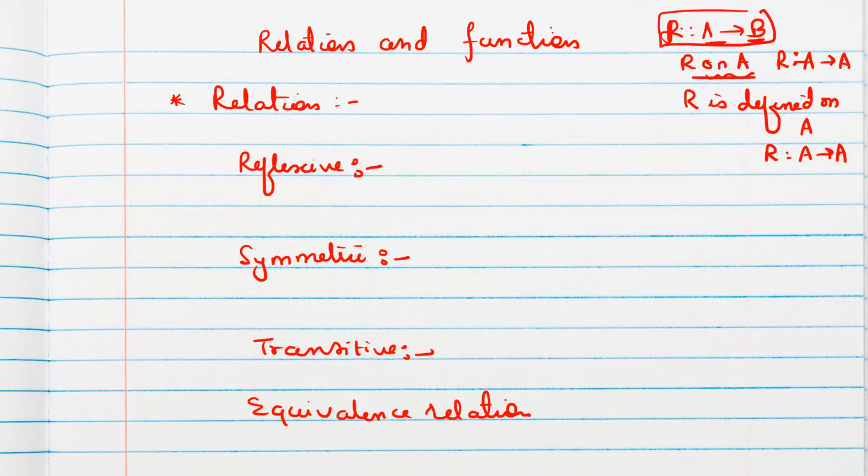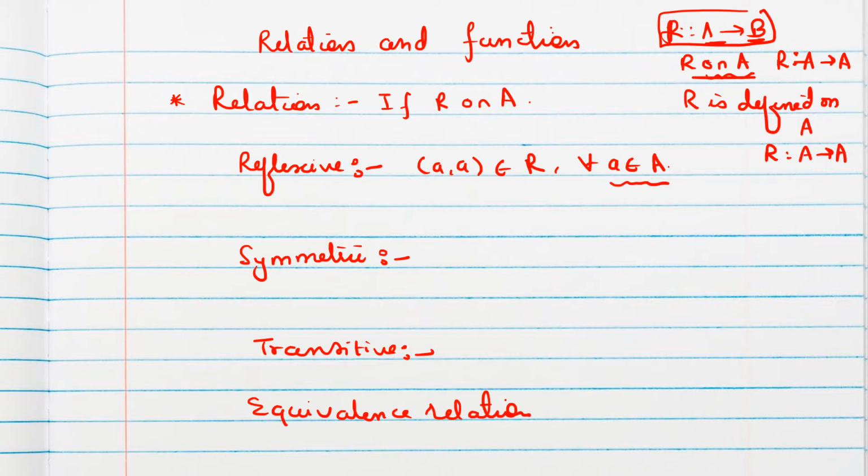For reflexive, if relation R is on A, then (a, a) belongs to R for all a belonging to set A. All elements of this type should belong to R, then only it will be reflexive.